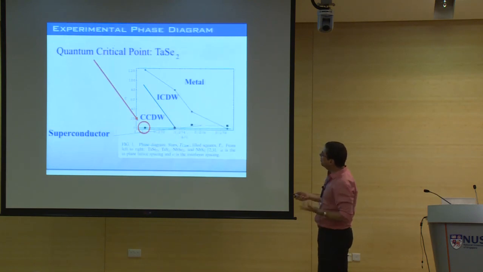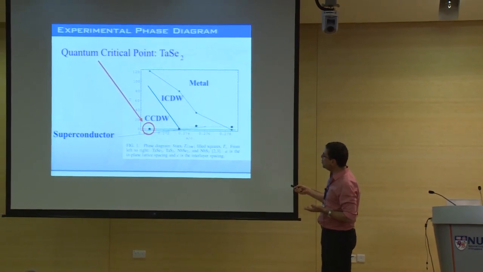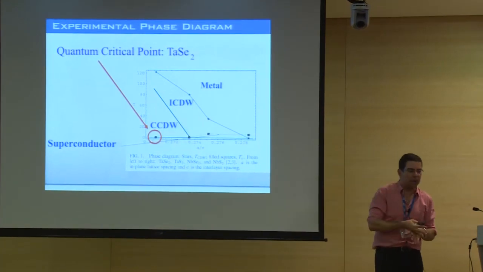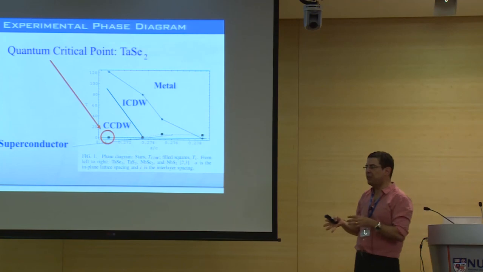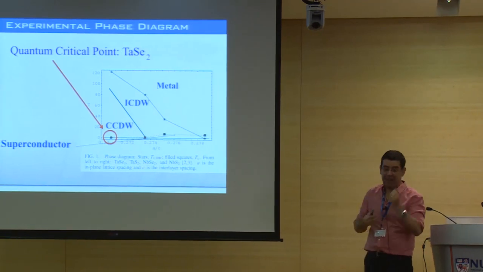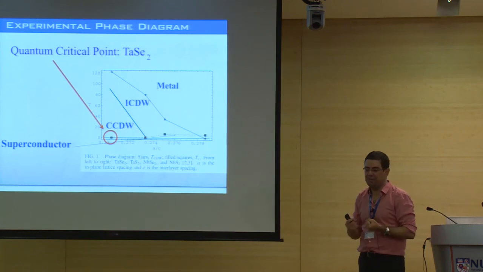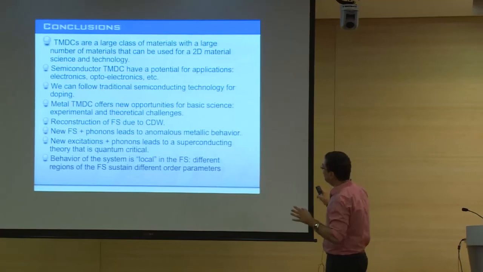Okay. So, just related to the phase diagram that I showed you before, the suspicion is that tantalum diselenide is sitting exactly at the quantum critical point for that transition, okay? Where the charge density wave and the superconductivity are competing hand to hand to win the Fermi surface. Okay? Good, so that's what I wanted to talk about.